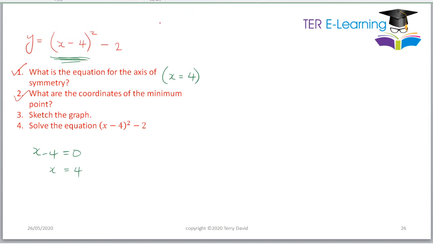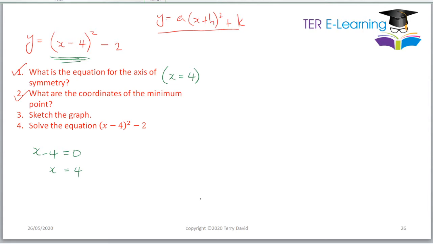So the key thing to remember here is when you rewrite a quadratic in this format, a(x + h) squared plus k, I can do a lot when the equation is written in this format. I can easily tell what my axis of symmetry is. I can also tell what my minimum point is, and I can also sketch that curve.